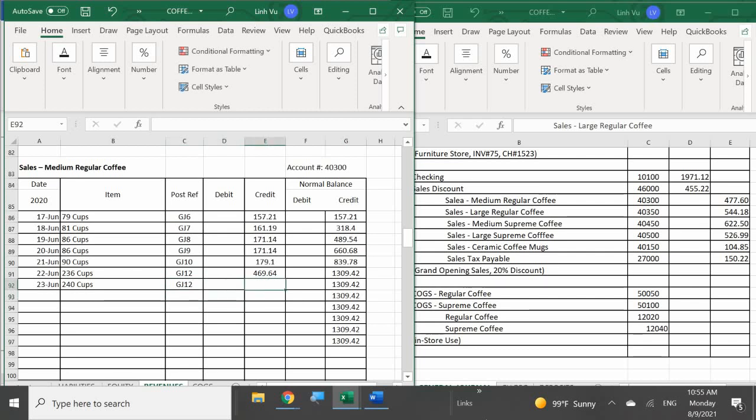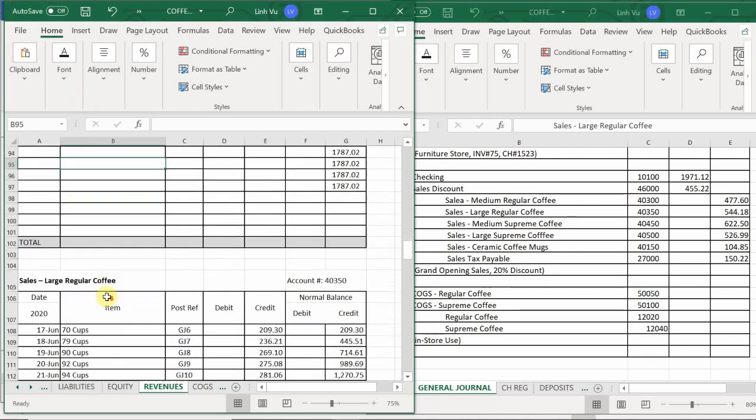And this time, 240 cups gave us a grand total of 477.60. Which should bring my running balance to be 1787.02.